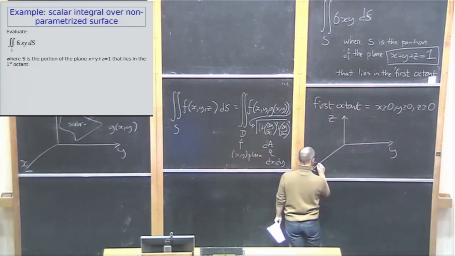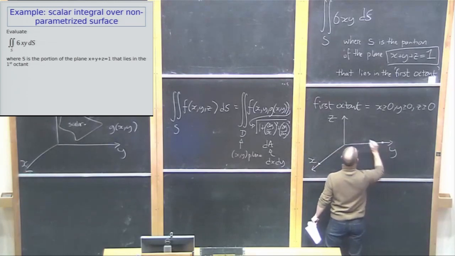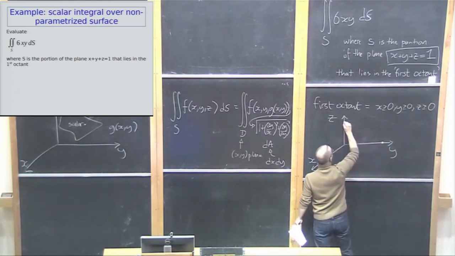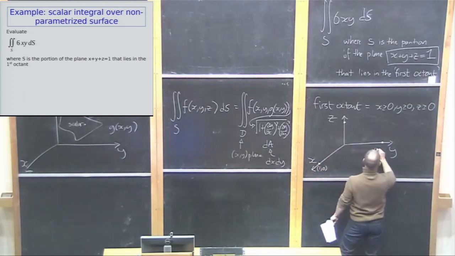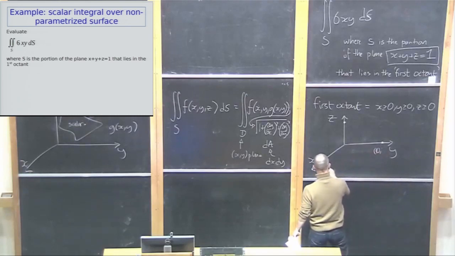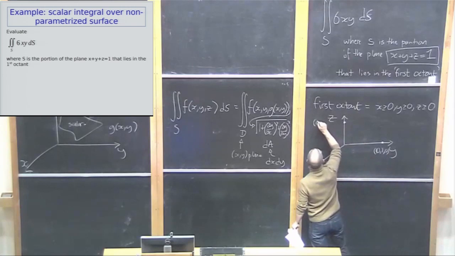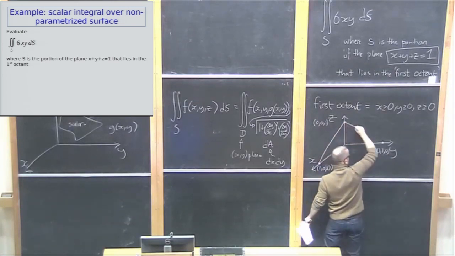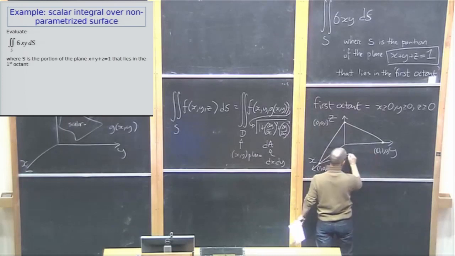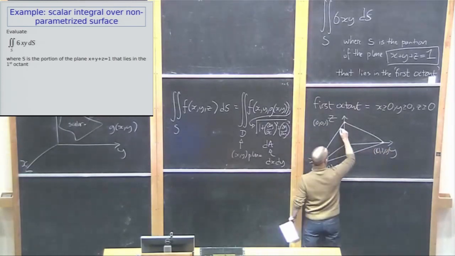So then you see that this intercepts each of these axes at 1, 0, 0, at 0, 1, 0, and at 0, 0, 1. And so your surface is the plane which connects these 3 points.